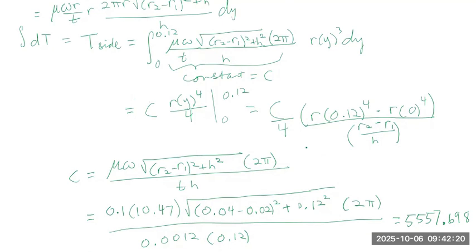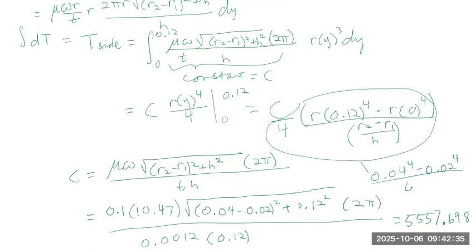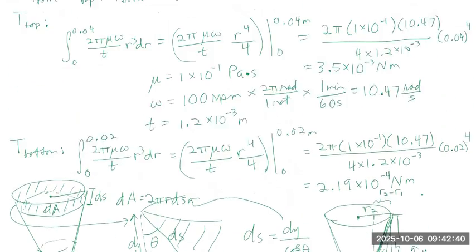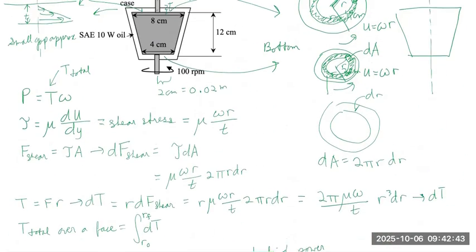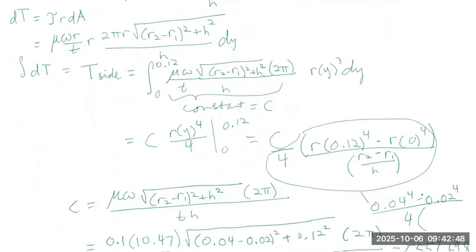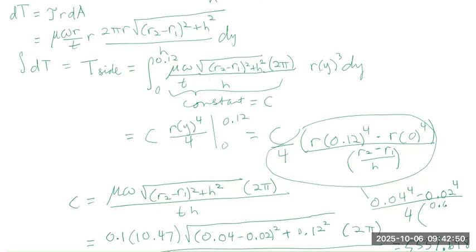So our new calculation for this portion is going to be 0.04 to the power of 4 minus 0.02 to the power of 4 over 4, times 0.04 minus 0.02 over 0.12.